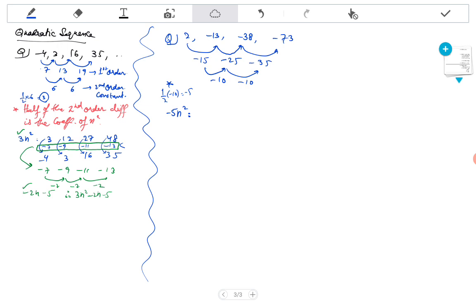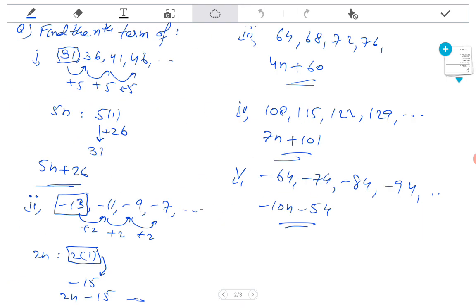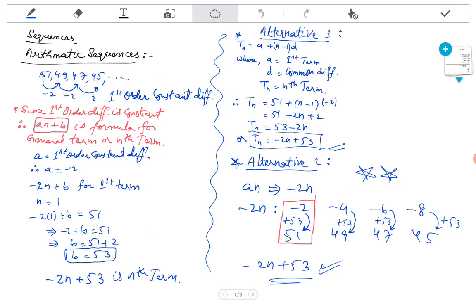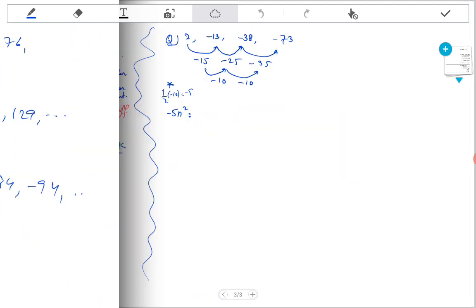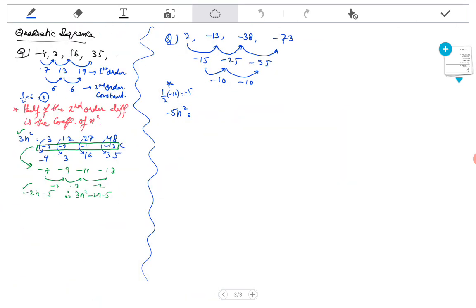Okay, so this is what we were discussing in the last class. We had already discussed so many example questions on arithmetic sequences, how to make a formula for them, and the alternative methods as well. Then we switched to quadratic sequences and discussed the method of finding them.